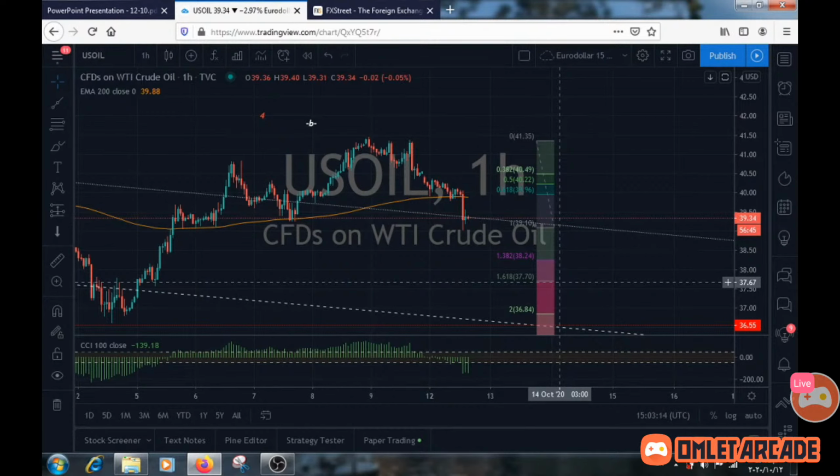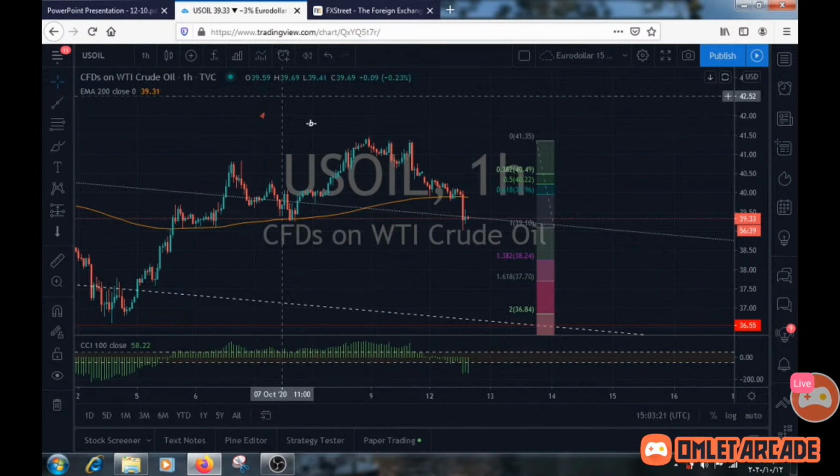There is a question about silver. Will silver keep down until 24.5 or 20 before it will increase? Let's take a look at silver.